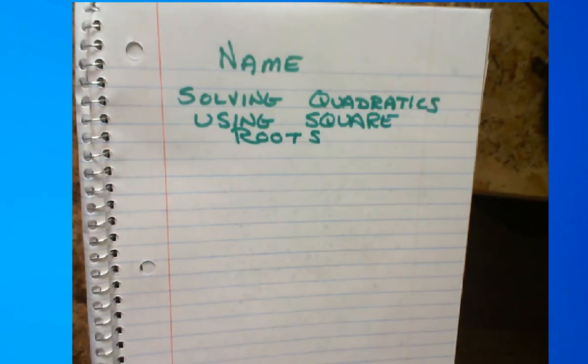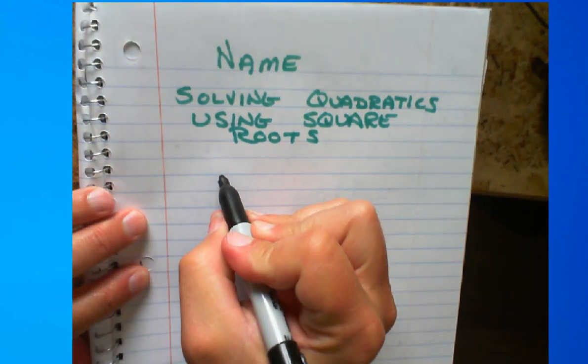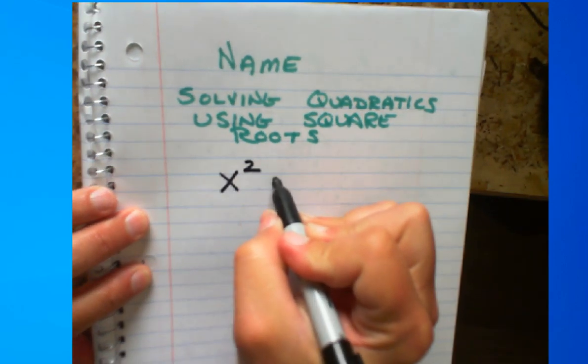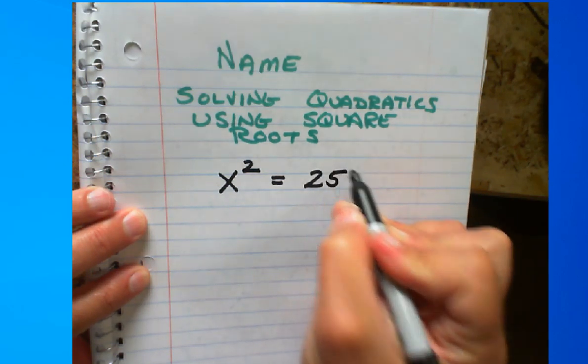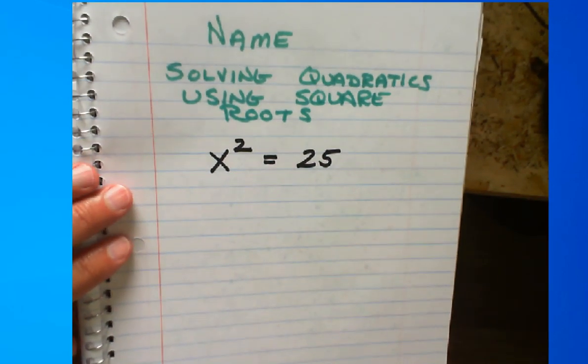In the last lesson, we talked about quadratics, and we recognized that quadratics are equations that have squares in them. So if I had an equation that looks like this, x squared equals 25.